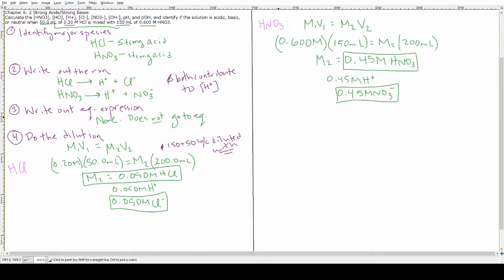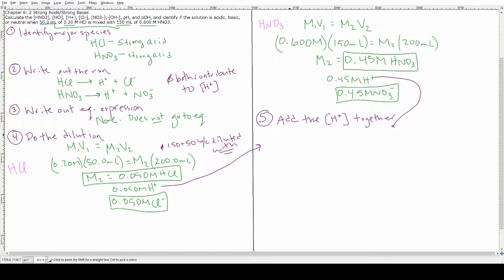Okay, so let's move on to our next step. Because we have 2 strong acids, or 2 strong bases, this one's acids, I need to now add the hydrogen concentrations together. So I'll draw an arrow. This number is going to come up here, and this number is going to go down here.